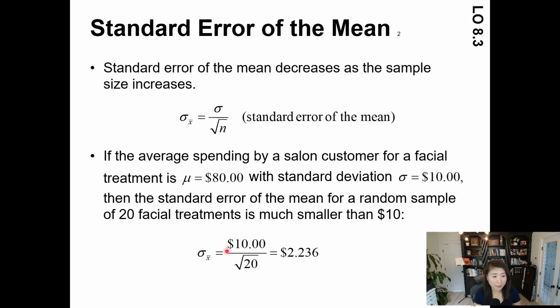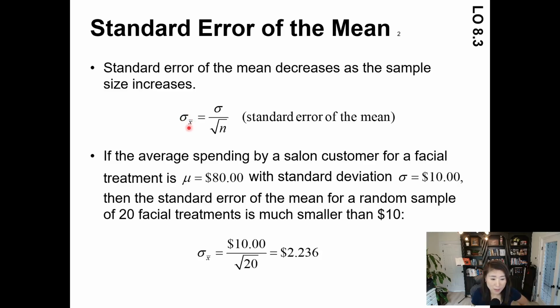So how can we calculate the standard error of the mean? The standard error of the mean is denoted by sigma subscript x bar. It's very important that when you write down the sigma, you don't forget the subscript x bar, because this standard deviation is designated for my sample mean.